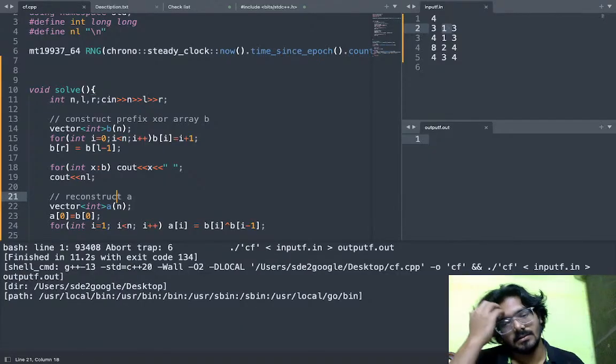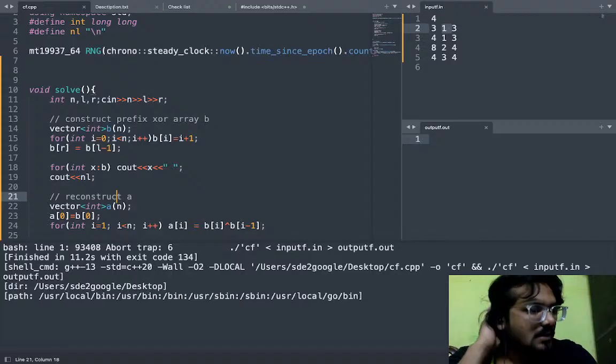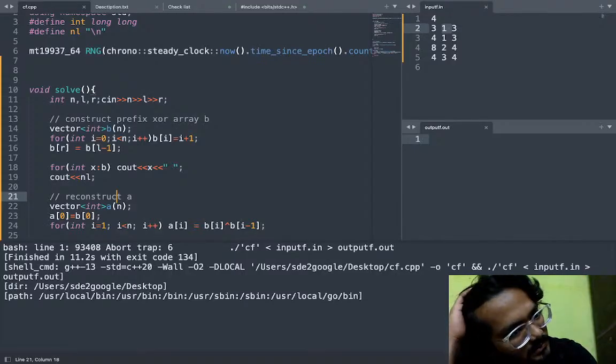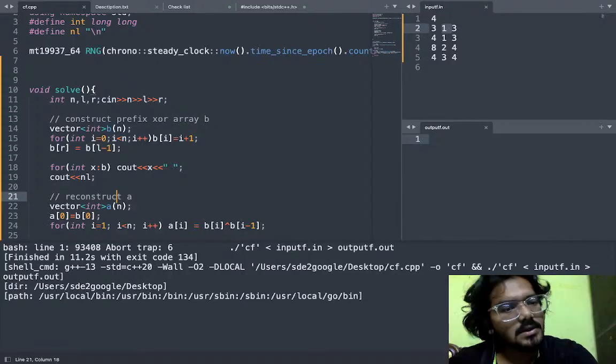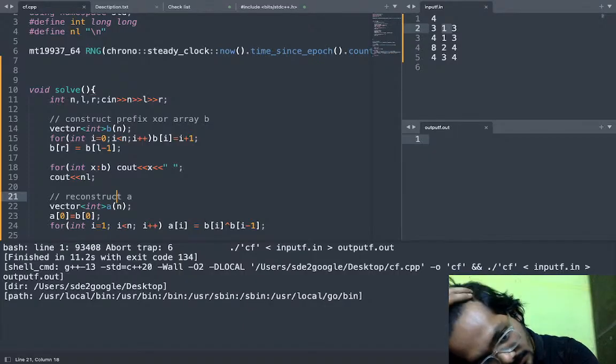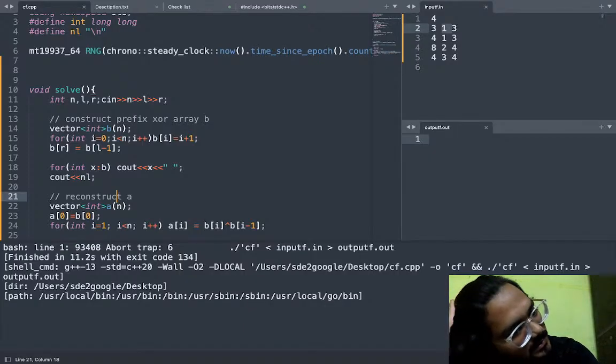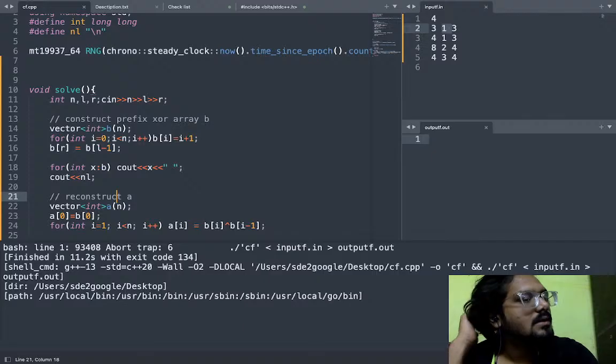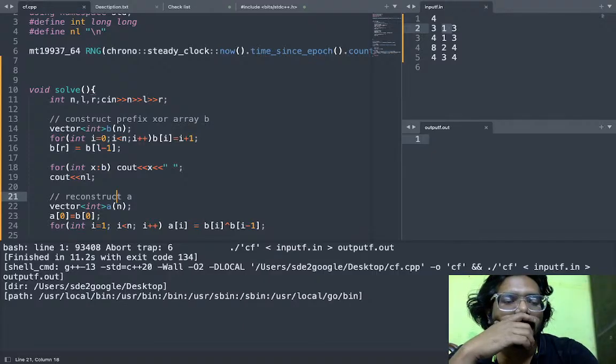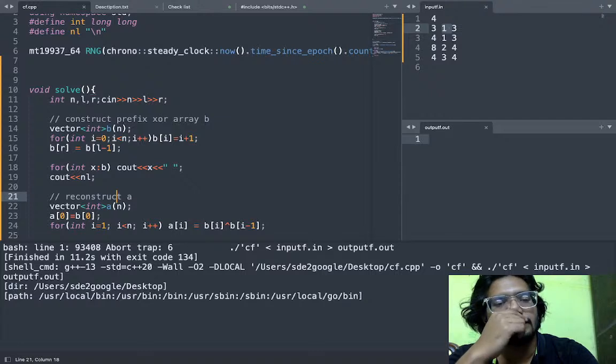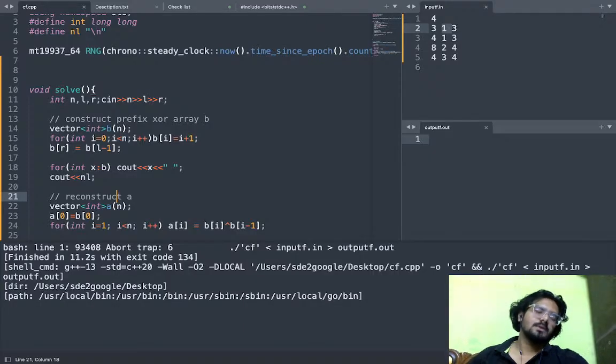Now what is this about? For loop i less than n i plus plus. We have b of size n. Okay. i plus 1.